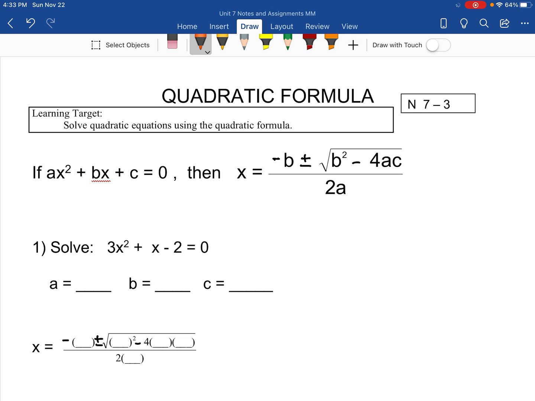So first we need to make sure that our quadratic equation is in standard form.